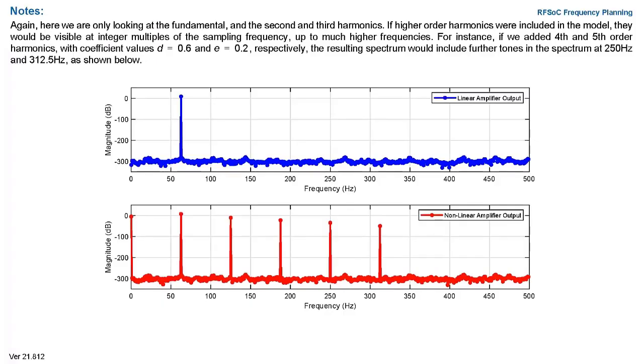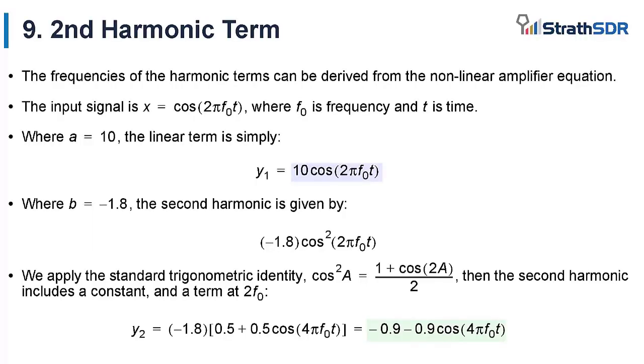If we had used a more complex model for the amplifier, with fourth and fifth order terms for instance, then we would also see fourth and fifth harmonics appearing in the output of the non-linear amplifier. Thinking about the equation for the amplifier, we can analyse this to confirm the frequency of the second harmonic term.